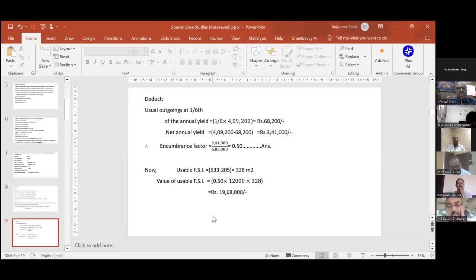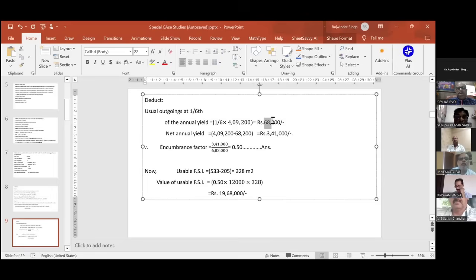So we assume that the outgoings are 1/6 of the total income. So total outgoings are 68,200. So net annual yield is 3,41,000.